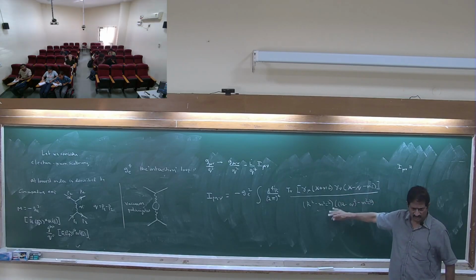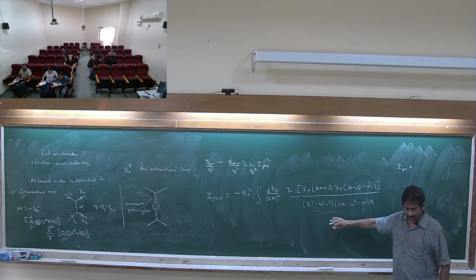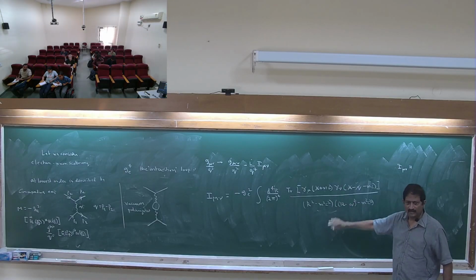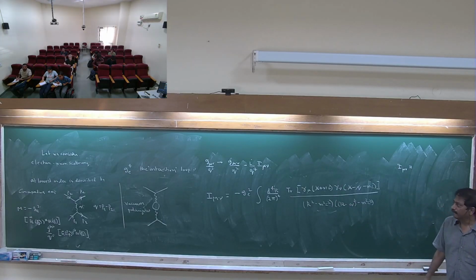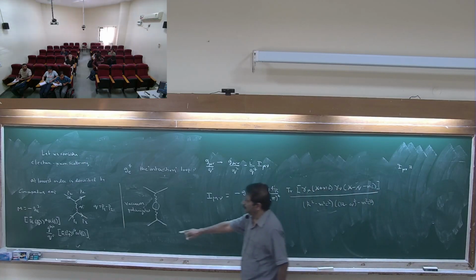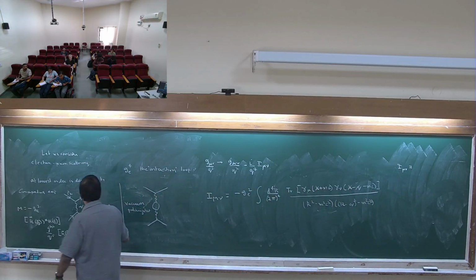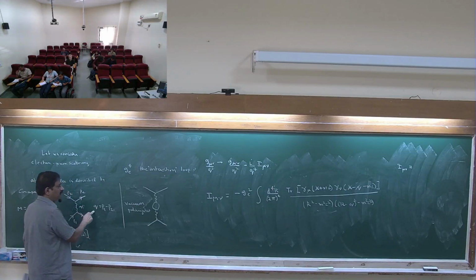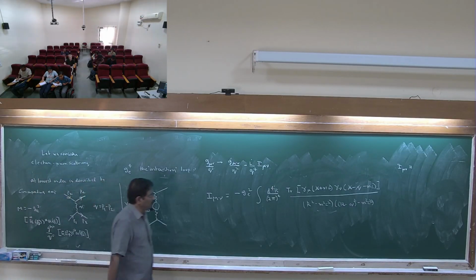As far as this is concerned, there's only one free vector. k is also a vector, but it's integrated over. What's the only vector that we have in hand over here? This q, no? Each one of these is a vector. p1 is a vector, p2 is a 4-vector. Each one of these is a 4-vector. q is a 4-vector.